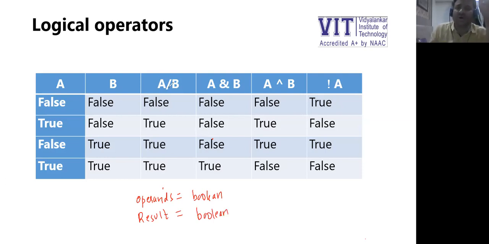So in case of OR, if both are false, then false, otherwise it is true. In case of AND, if both are true, then true, otherwise false. In case of XOR, if both are different, then true, else false. Not of true is false, not of false is true. So this is about logical operators in Java.